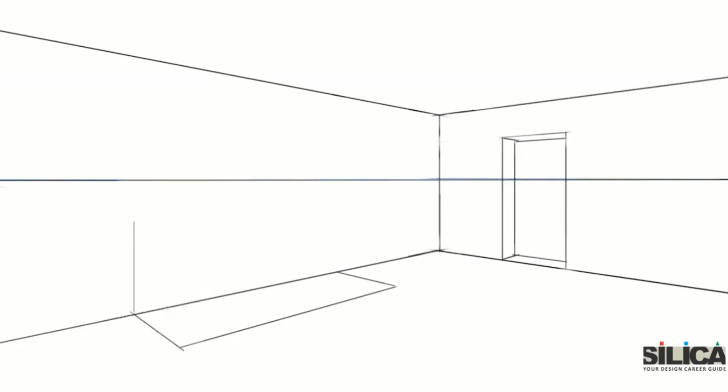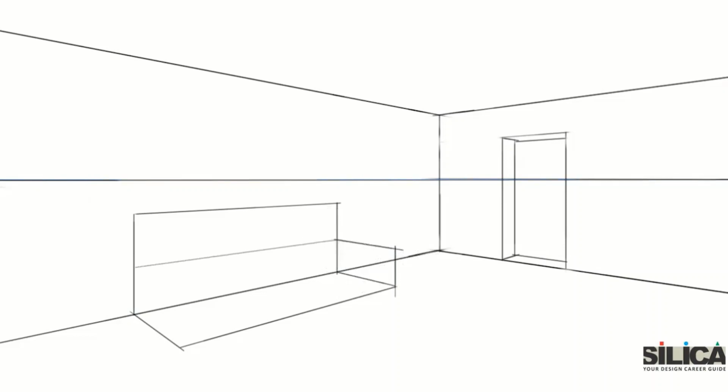The backrest of the sofa's height is 3.5 feet. Now at exactly half of the height of the backrest, let's draw a line which vanishes in point 1. Now join the base of the sofa vertical line.